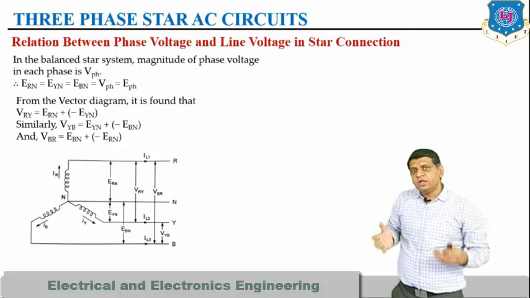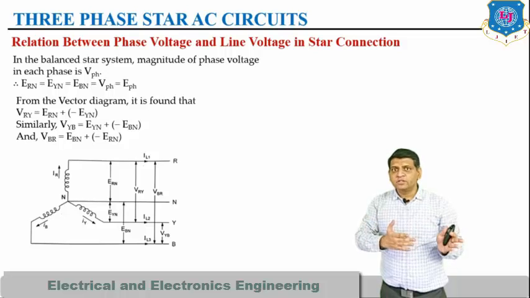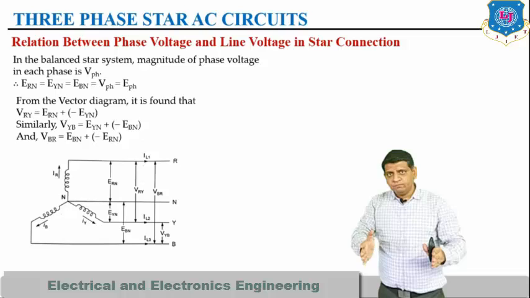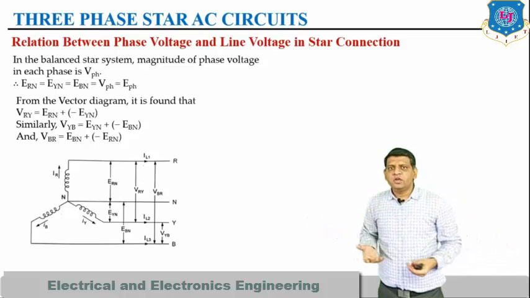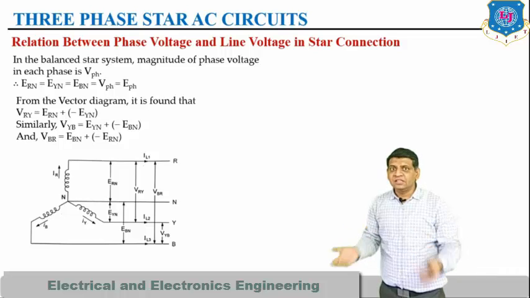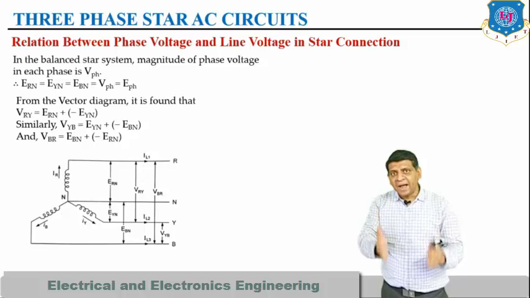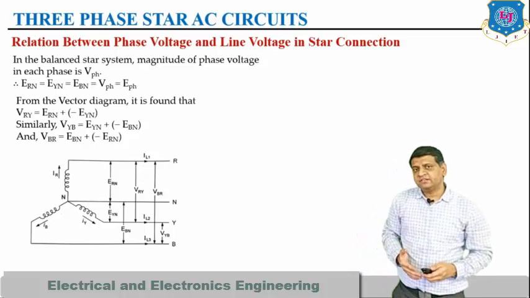Why? Because the current flowing through the red phase and the current flowing through the yellow phase are in opposite directions, right? Since both currents are in opposite directions, my actual equation of VRY is nothing but ERN minus EYN, right? So this is called my vector equation.